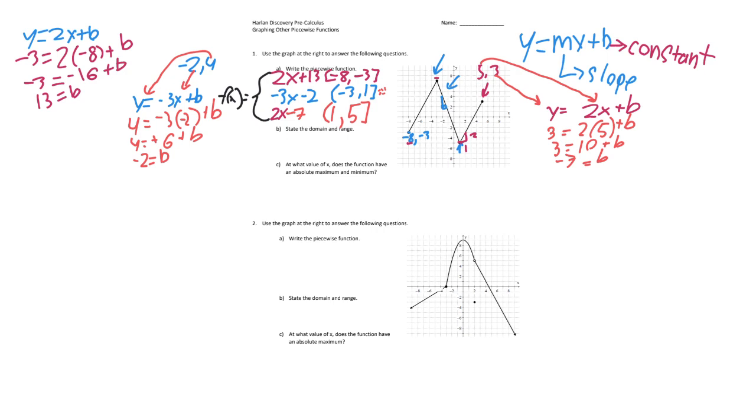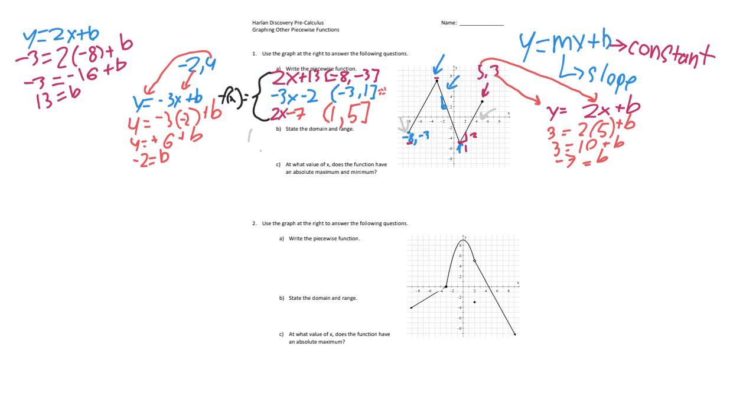We then want to state the domain and range. Here we're essentially looking for whereabouts does our domain, as say the x values, start and where does it end. Well, if we take a look, our leftmost value is at -8. Our rightmost value is at 5.